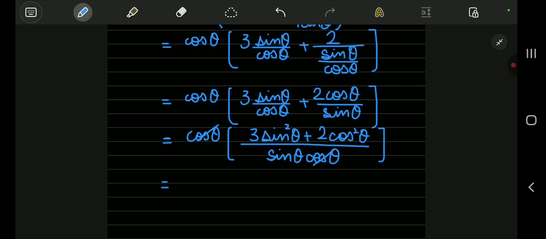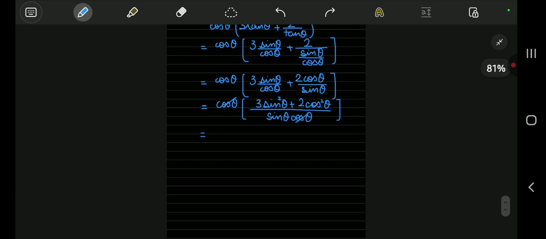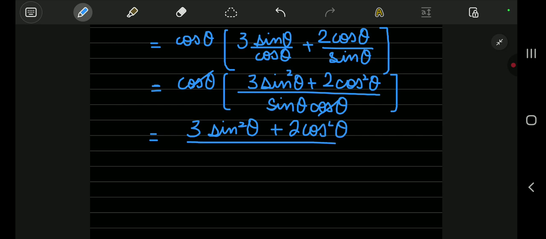Okay, so the thing is, we have the right hand side all in sine theta, so let's try and change everything into sine theta. So we are now left with 3 sine square theta plus 2 cos square theta over sine theta. What do we know?